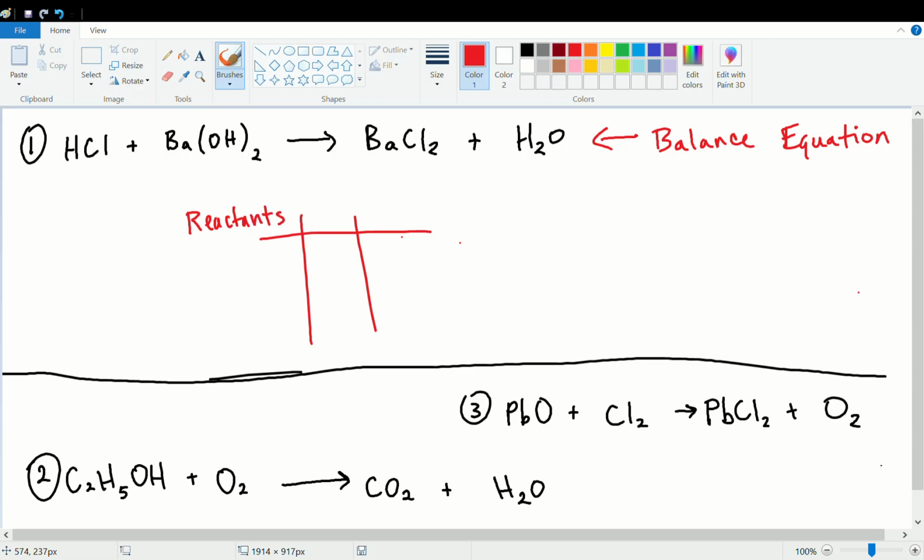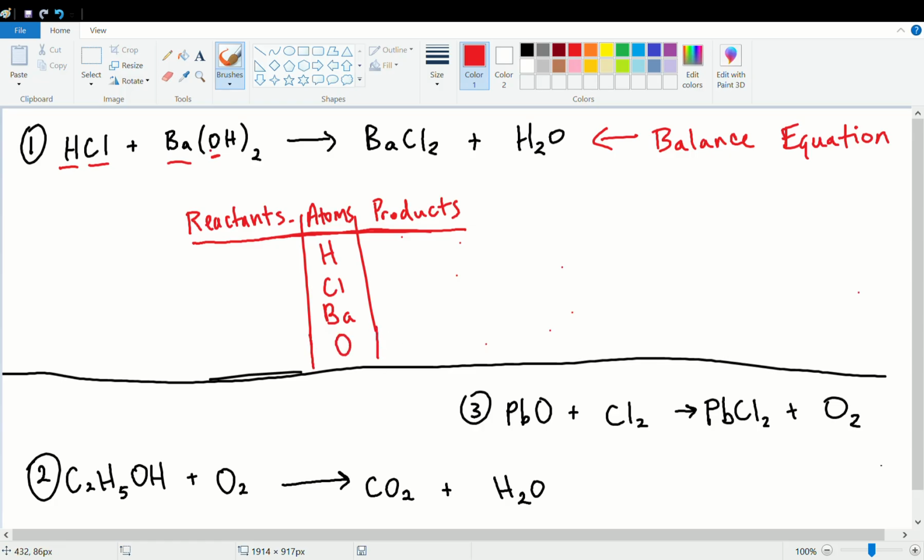I'm going to have reactants on the left, I'm going to have products on the right, and I'm going to have atoms in the middle. And so I'm going to make a table, and I'm going to go ahead and list in our equation, I have an H atom, a chlorine atom, a barium atom, and an oxygen atom.